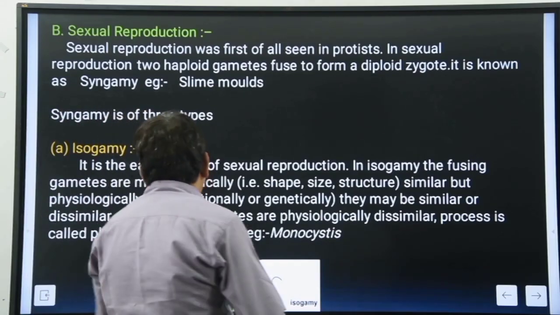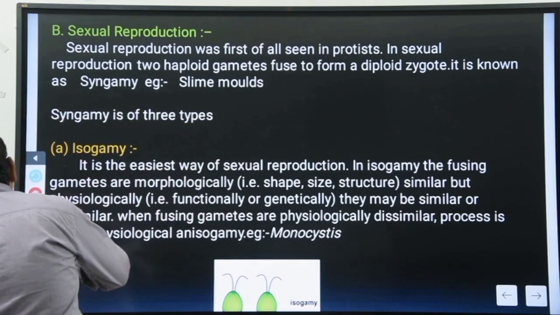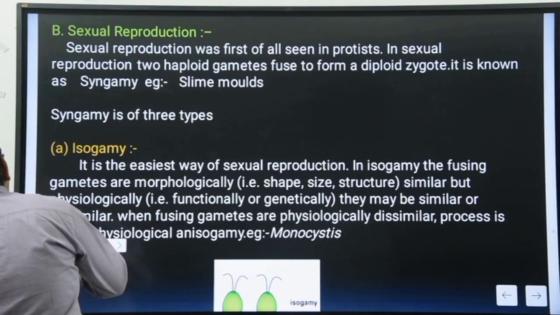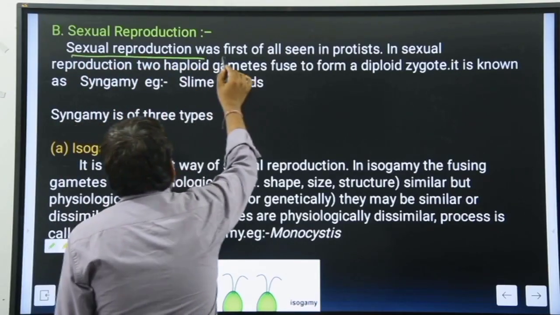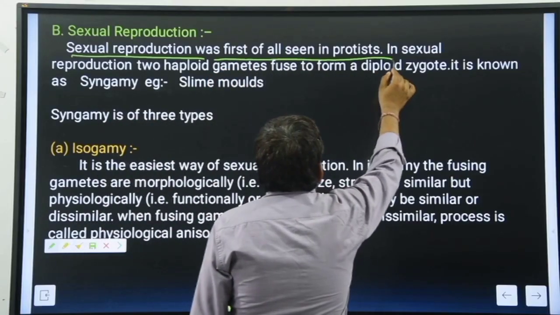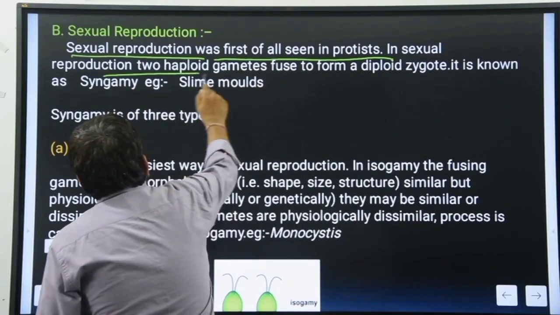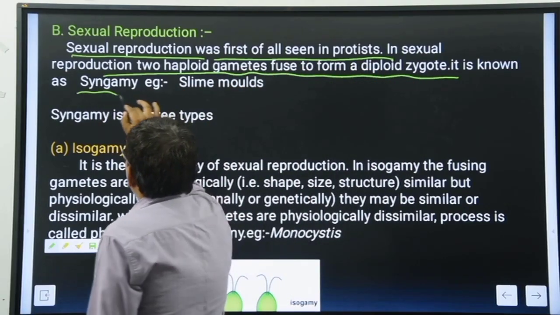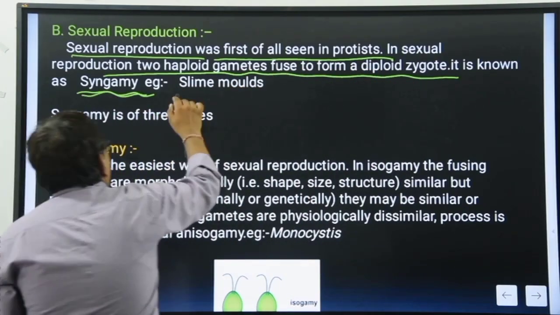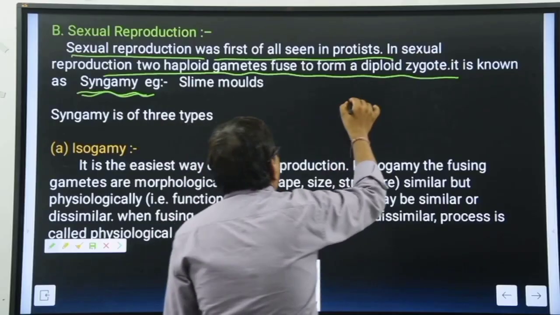Look, I have written this line here, beta, this is a medical question and I have told you. First seen sexual reproduction in protista. In sexual reproduction, two haploid gametes are fused to form a diploid zygote. It is known as the syngamy. Syngamy, example Salamivores, it means here two gametes are formed.